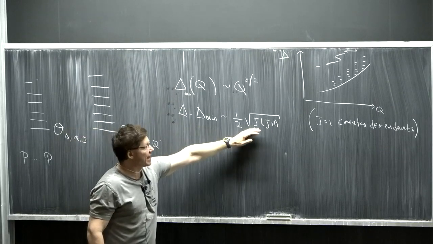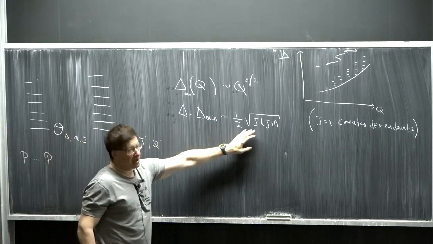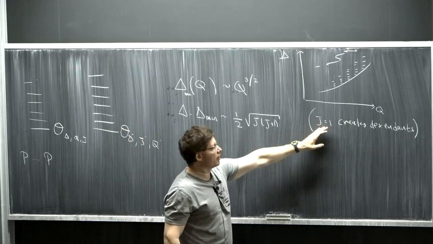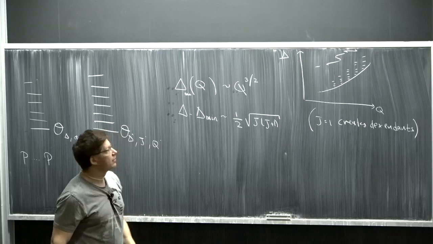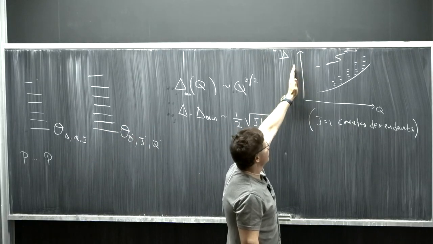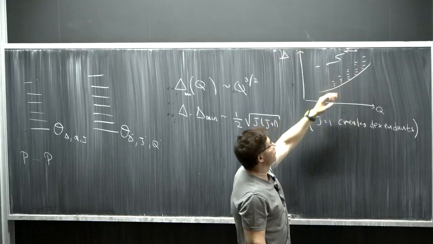We argued that the gap to the next primary should scale like that, with the proviso that the spin 1 phonon is actually a descendant. So the other phonons create new primaries. This leads to a curve where the scaling dimension is measured as a function of charge. Roughly, it's some Q to the 3/2.